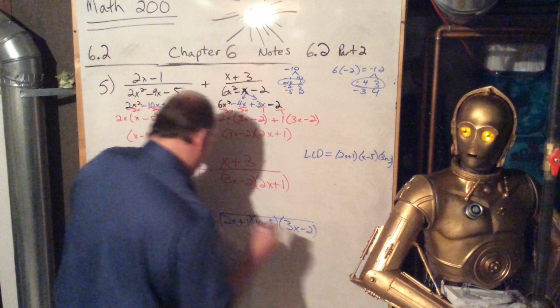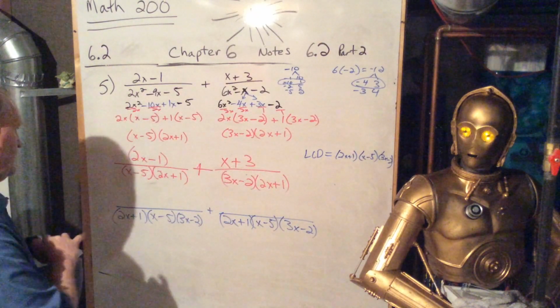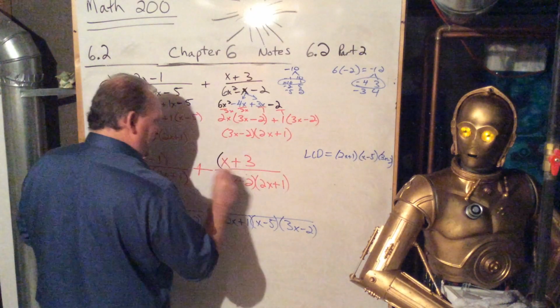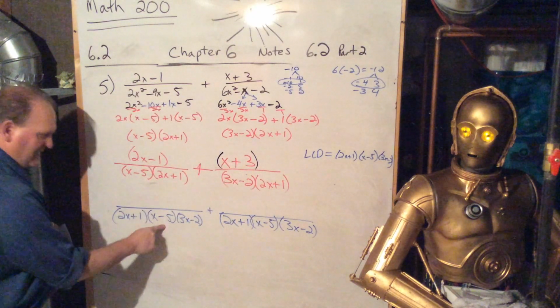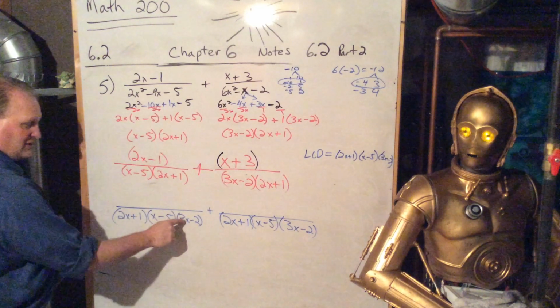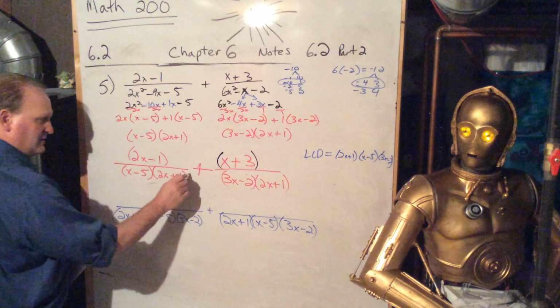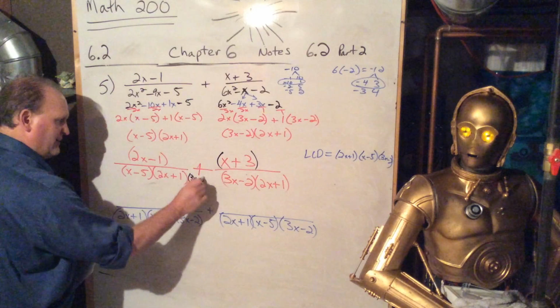When we take a look at what's missing, we have that, we have that. We don't have this. That's what's missing. So that's what I have to multiply top and bottom by.